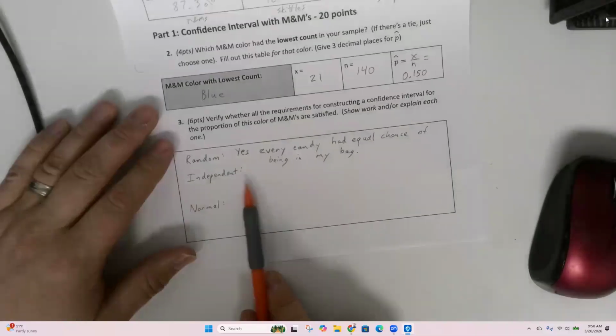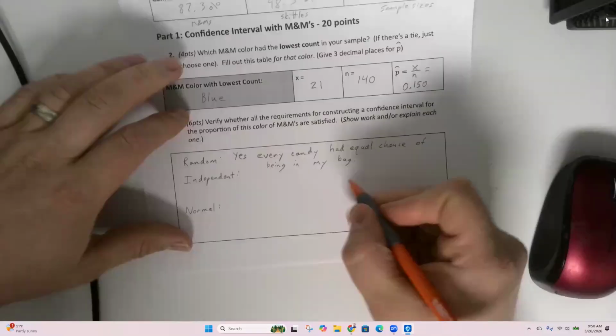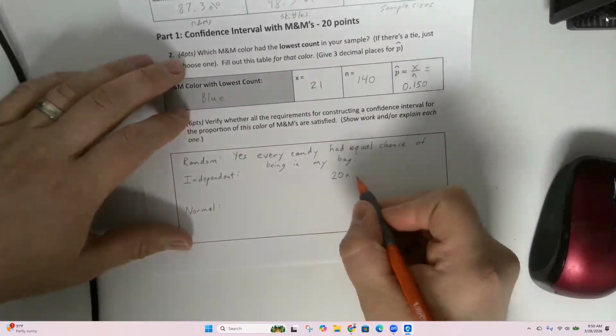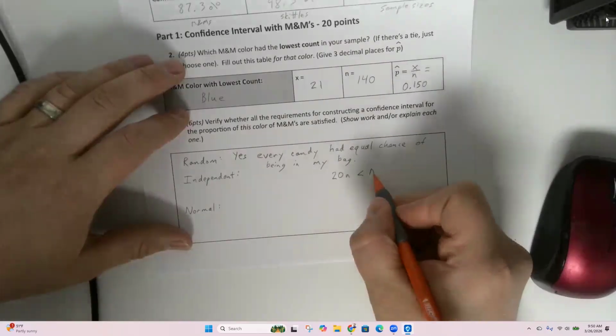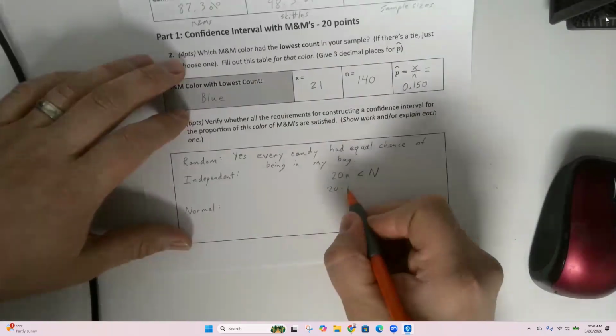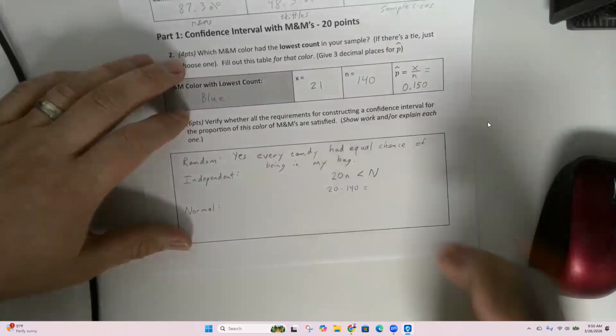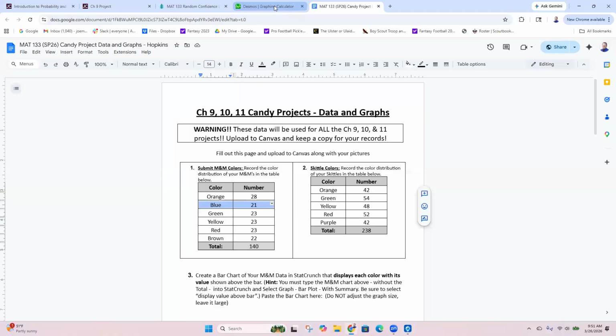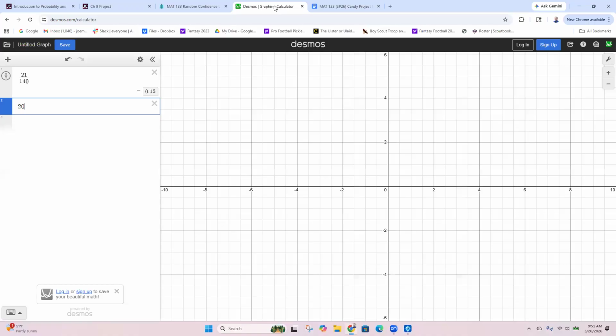Independent. For independent, I need to check that 20n is less than capital N. For me, my n was 140. So I need to do 20 times 140. I get 2800.